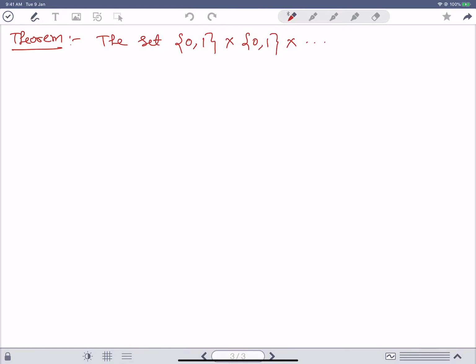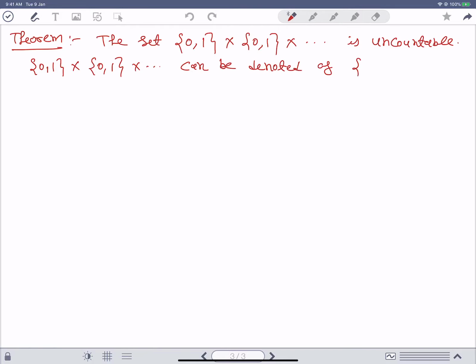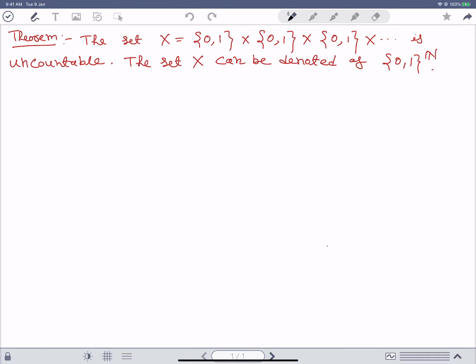Now we prove that this set is uncountable. This can be denoted as {0, 1} power N. Fine.